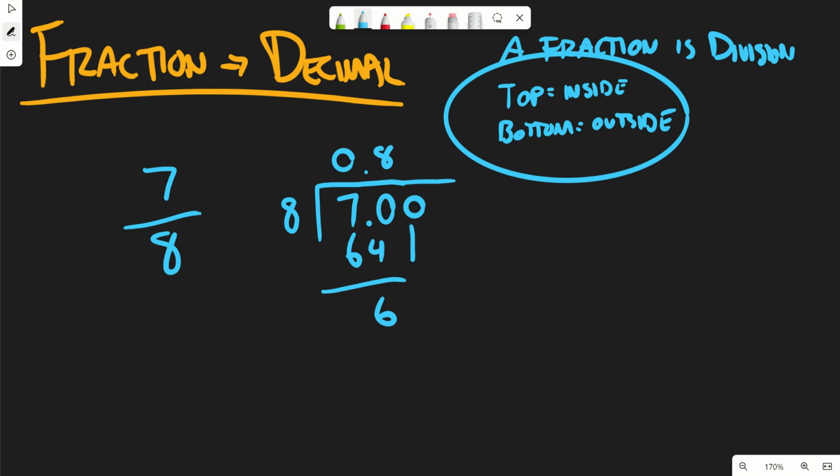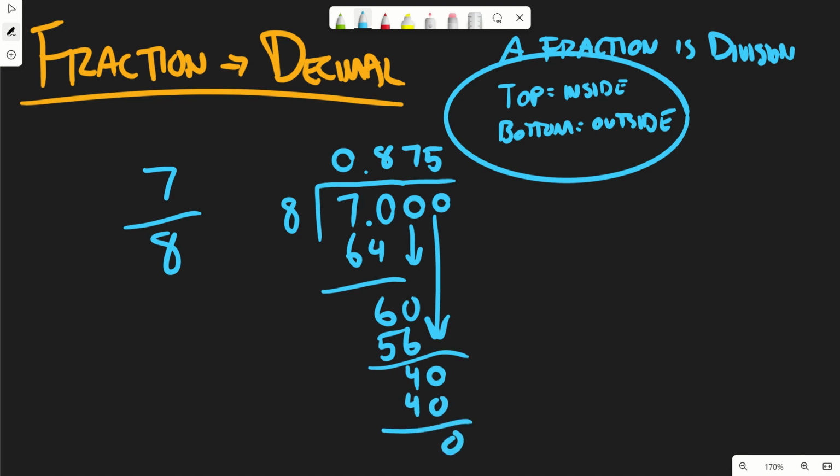Add a 0, bring it down. 8 goes into 60, 7 times. 8 times 7 is 56. Gives me a 4. Gives me a 40. 5 times. Gives me a 0. So my turning into a decimal is 0.875.